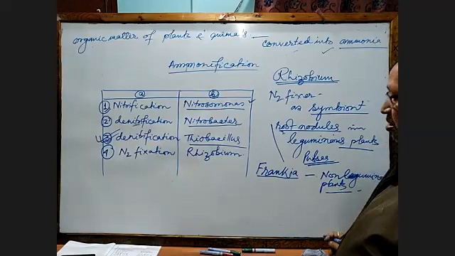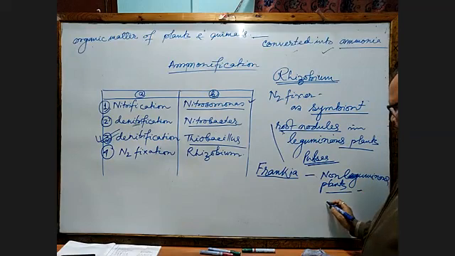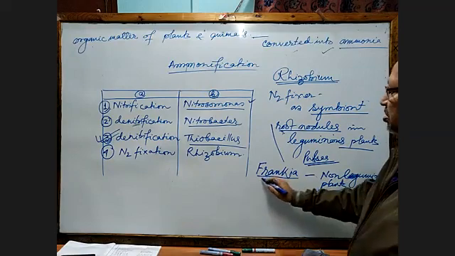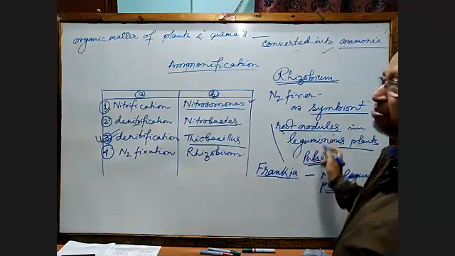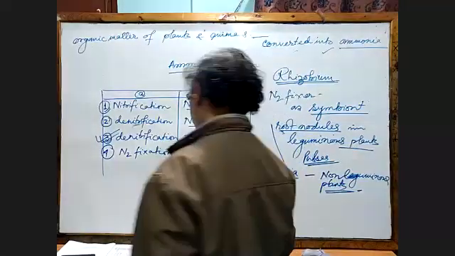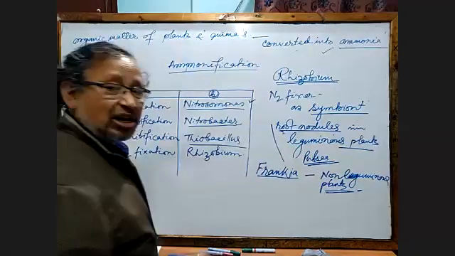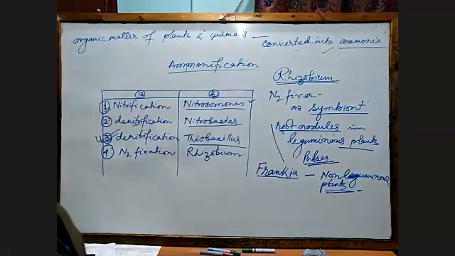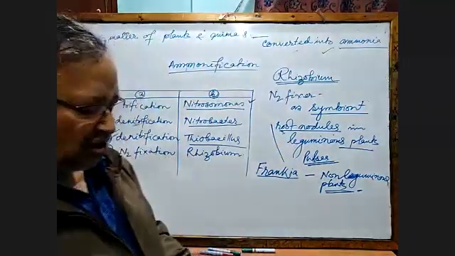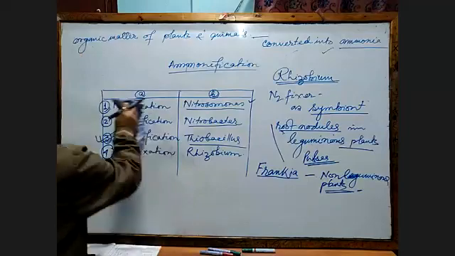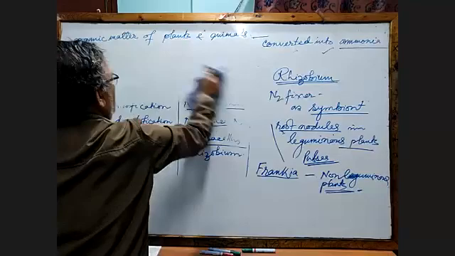Plants like Alnus, Casuarina, etc. These are tree species, but Rhizobium infects the herbs. Most of these leguminous plants are herbs. There are some trees also, but Frankia produces root nodules in tree species, and it is non-leguminous.